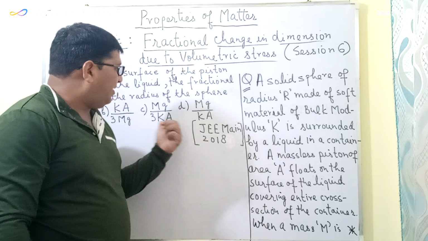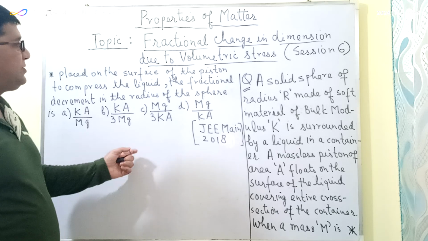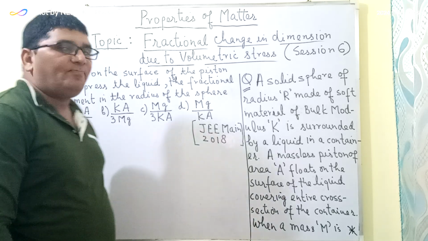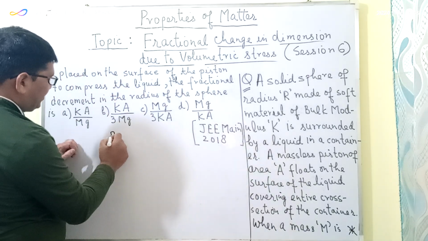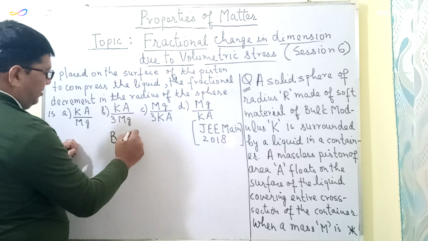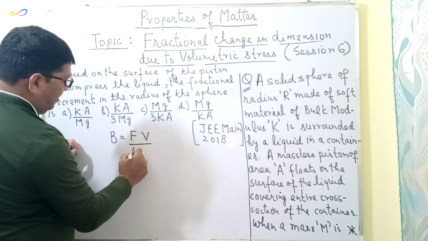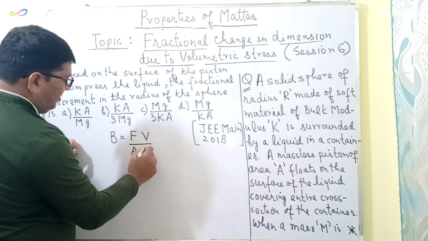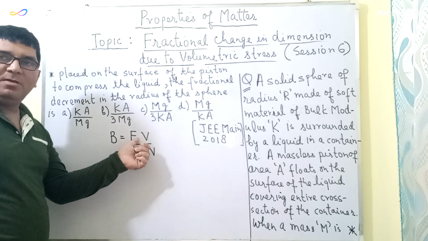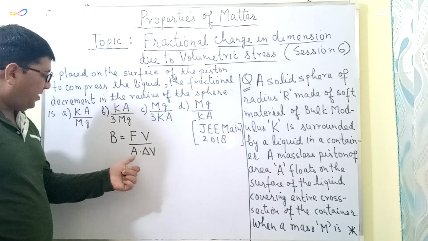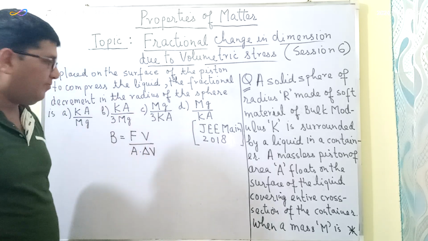So here we have been given 4 options and we have to find the correct one. This question can be solved by using the formula of the bulk modulus. Now the bulk modulus is given by F times V divided by the cross section area multiplied by delta V. Here F is the restoring force, A is the cross sectional area, V is the original volume, and delta V is the change in the volume.